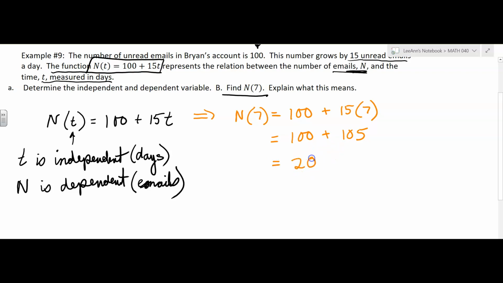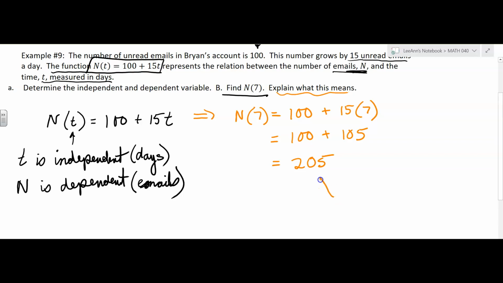And then finally, we can do the addition. So 205. Now, this last part says explain what this means. Well, it means that after 7 days go by, Brian's going to have 205 emails that haven't been read. Okay?